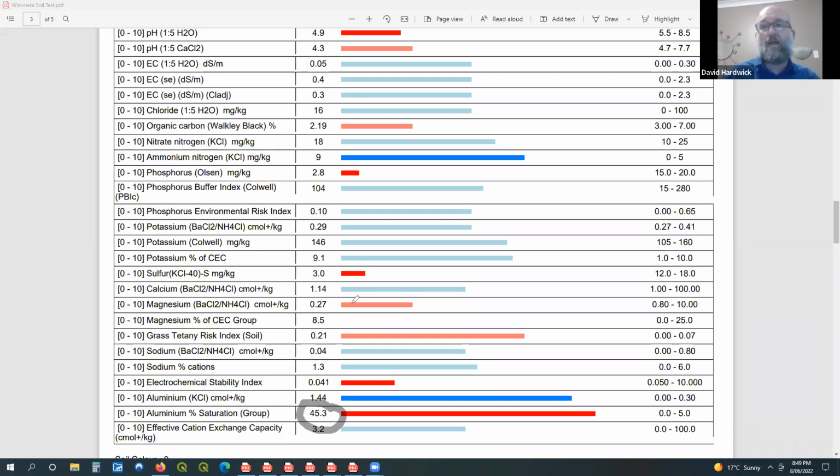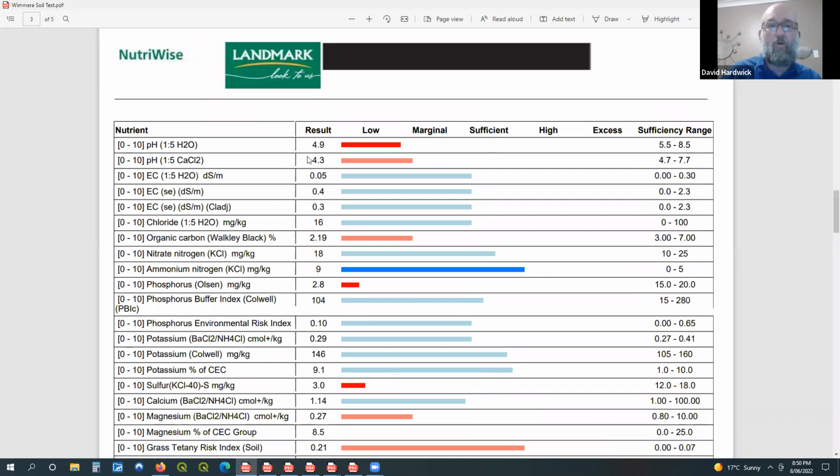There are kind of two ways to do it. You measure your exchangeable hydrogen and your pH, and they're kind of coming to the same thing from different angles. But if we go up to the pH on this soil, it has a pH, if anyone remembers, of 4.3 in calcium chloride. So at that low pH, aluminium has come out to party big time.